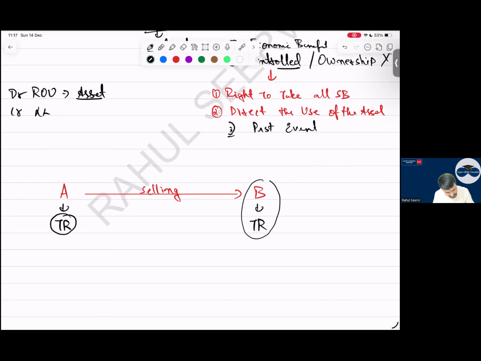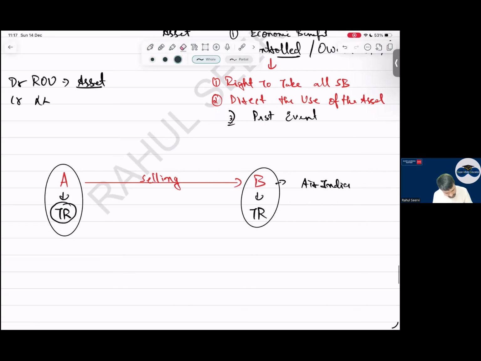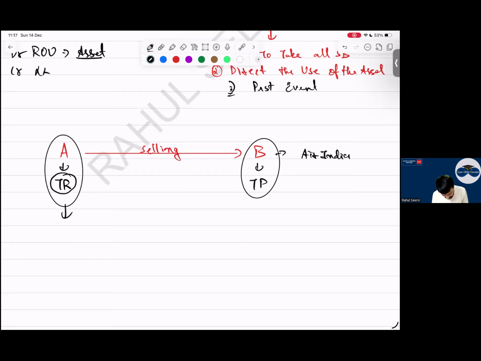Let me take this example, this is Air India. They have trade payable. They have to pay here. Now I say A is saying that we have to receive 100 CR. Our receivable is this 100 CR.